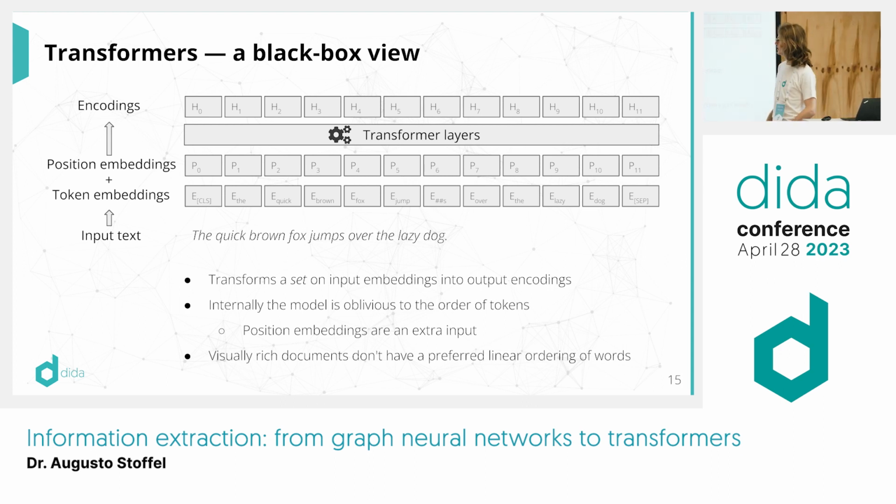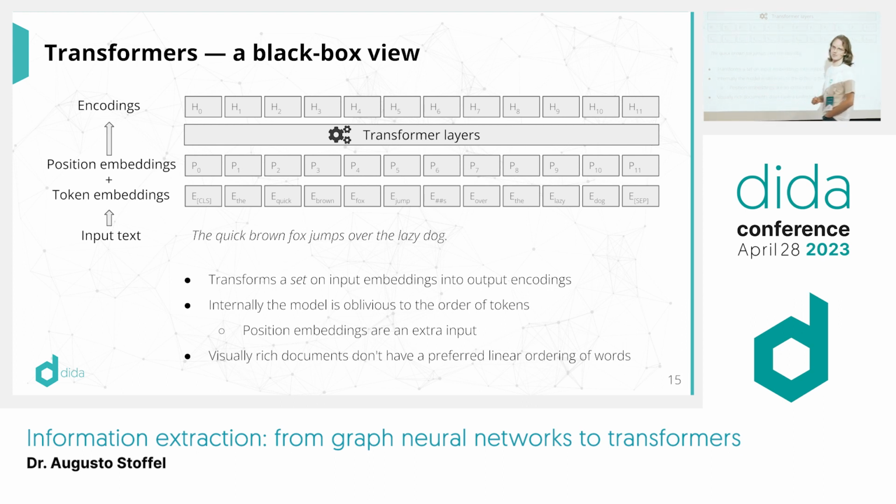Okay, what's the idea? So we have some input text, and then we break it up into tokens. These tokens are more or less like words, except maybe some word that is not known to the model might be broken up into sub-words. We also add a token for the beginning and end of the sentence. Okay, and then each of these tokens gets an encoding.